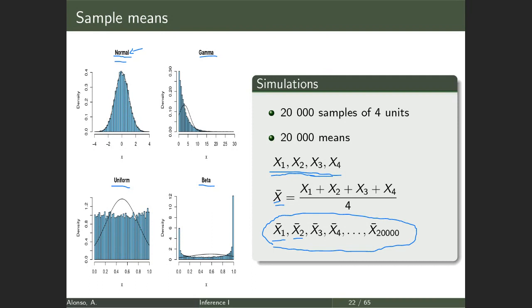But we are going to repeat the same process for the gamma population and for the uniform population and for the beta population. So essentially, we are going to have 20,000 sample means based on 4 observations in the normal population, in the gamma population, in the uniform, and in the beta. And once we have these 20,000 sample means, we can construct a histogram of them.